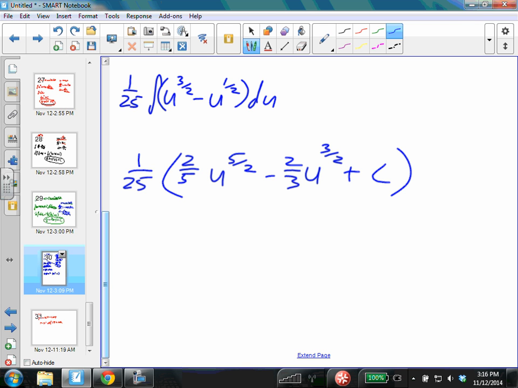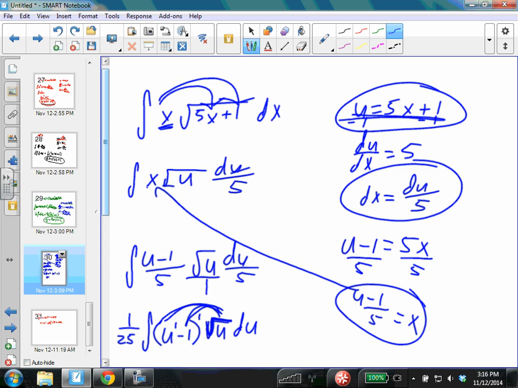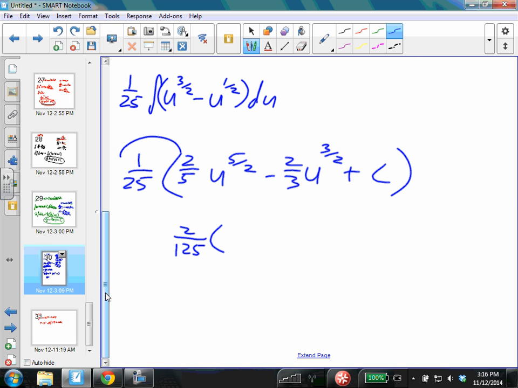Okay. So now I'm going to distribute my 1/25. So 1 times 2 is 2, and on bottom 25 times 5 is 125. What was u? Yeah, u was 5x plus 1 up here, so (5x plus 1) to the 5/2 power, minus, remember, I'm still distributing this 1/25 out front, okay, so don't lose that.